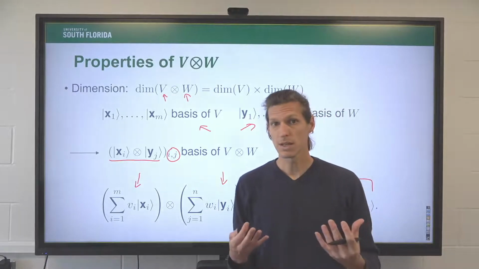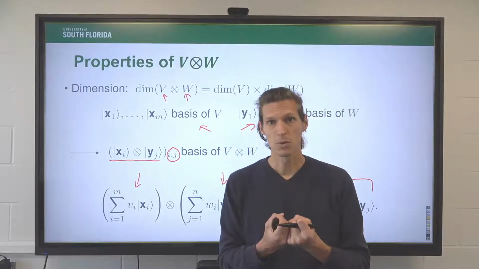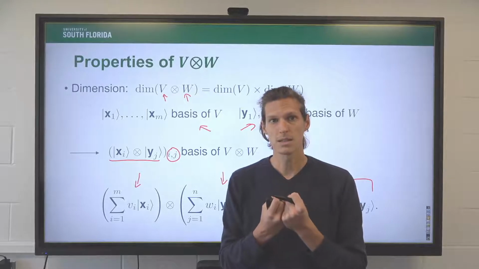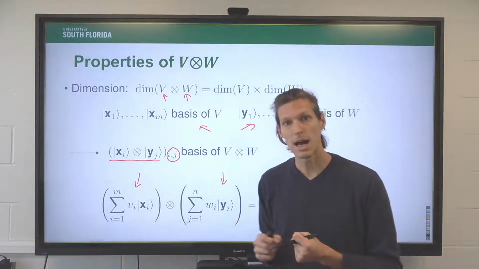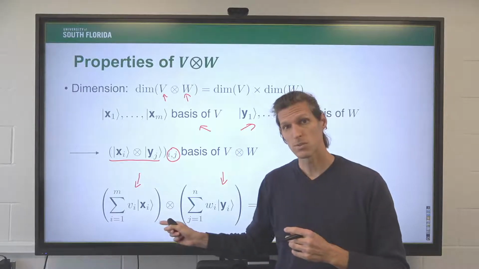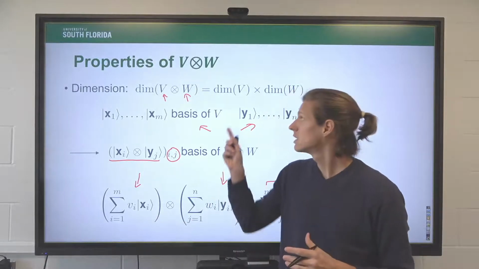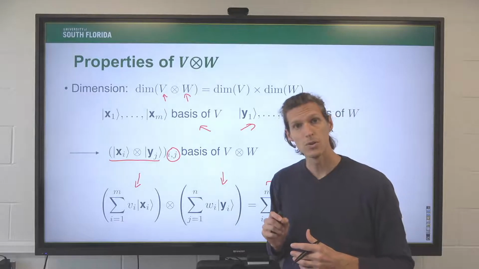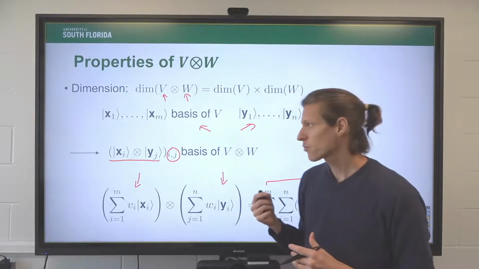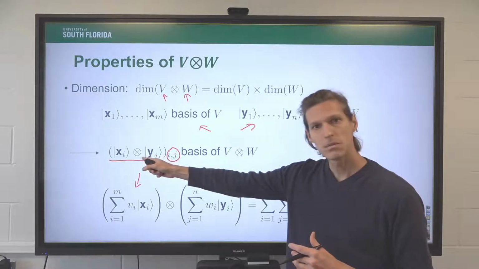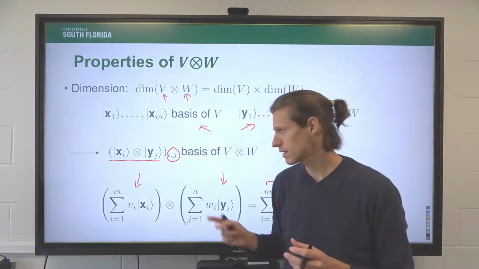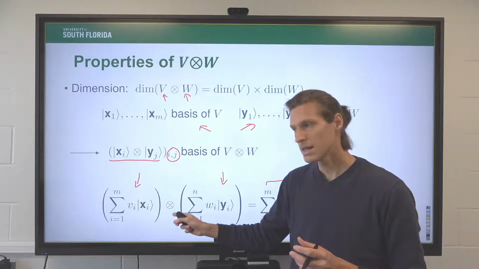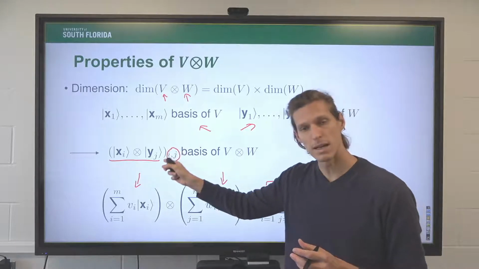So this is something that needs to be really well understood, that these are pure tensors and these are a special case, okay? Now, even though these are a special case, every element in V tensor W can be expressed as a linear combination of these elements. Despite the fact that they're not all of this form, they still will be in the span.